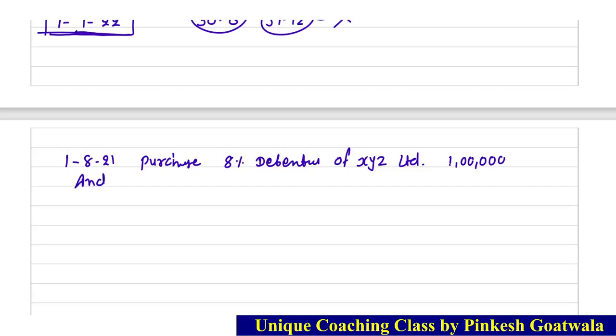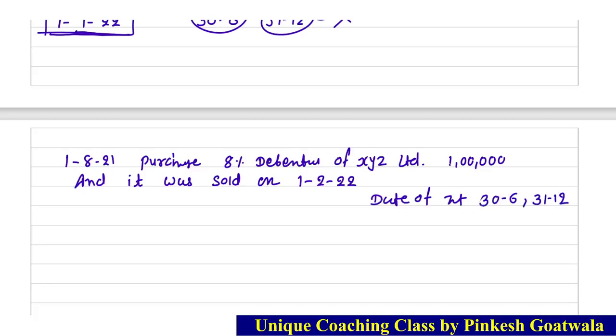And it was sold on 1st Feb 22. Now the dates of interest are 30 June and 31st December.